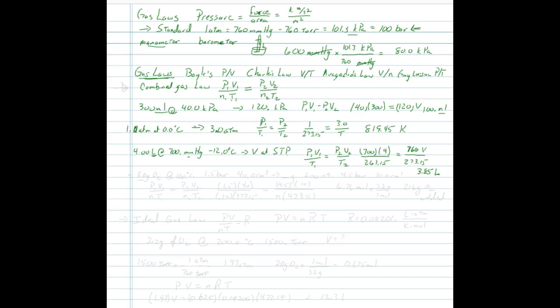Last sample problem for gas laws. You have 8 grams of oxygen at 100 degrees Celsius and 1.5 bar, and the volume is 40 cubic centimeters.